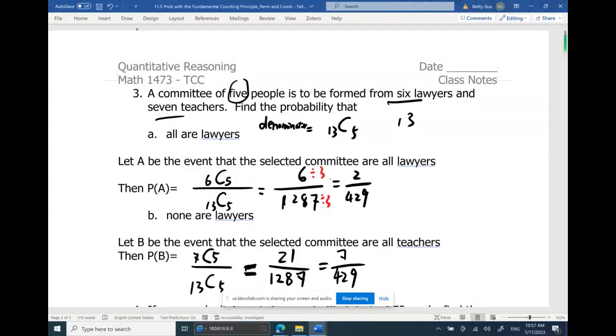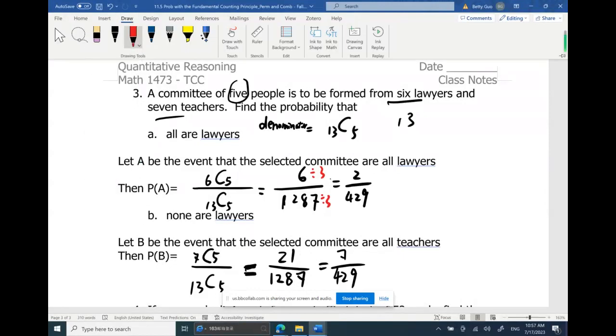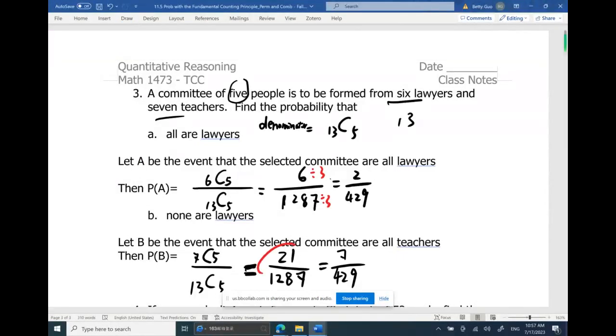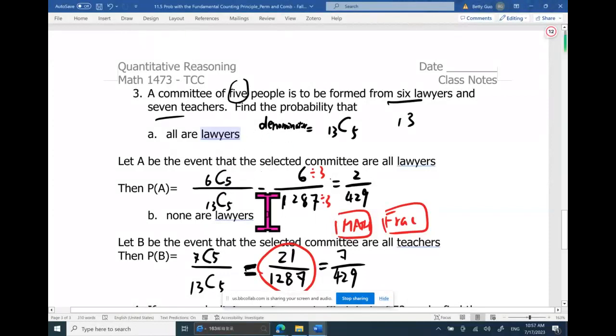So once you enter this in the calculator, you enter Math, and you'll see the number 1 is FRAC, and you just enter, and the calculator will provide you with the simplified fraction. Very efficient.